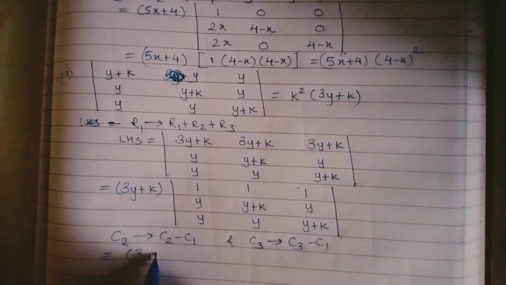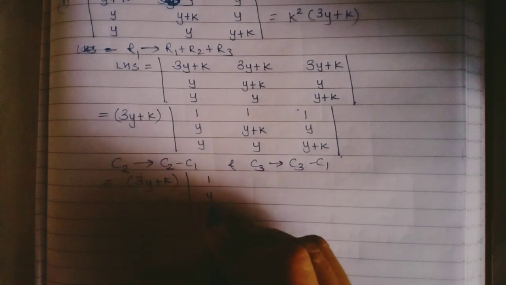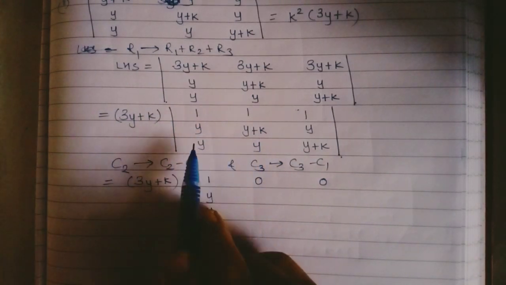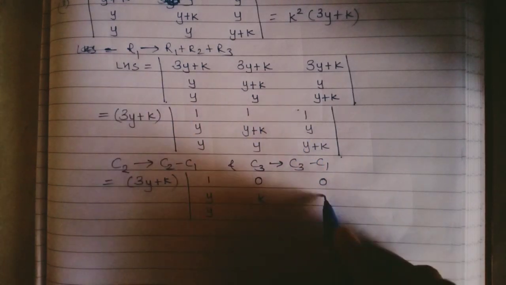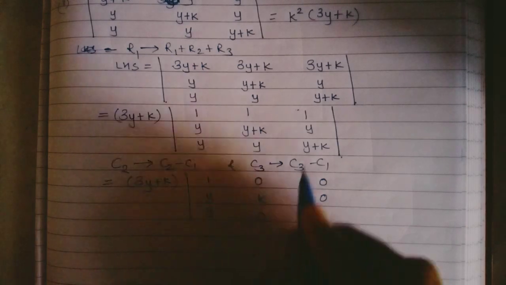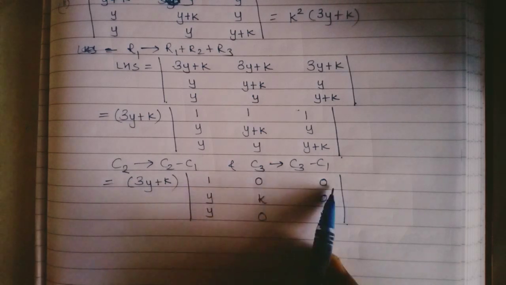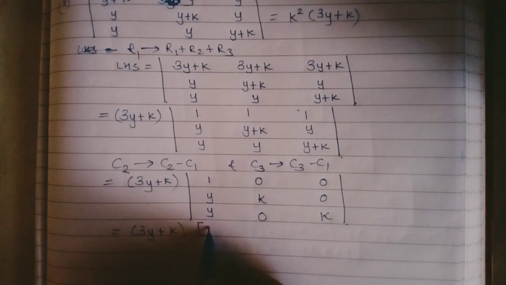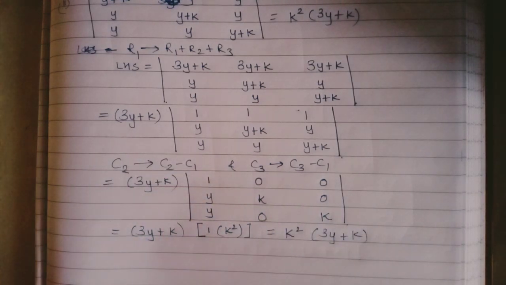So I'll get 3y plus k, so 1 minus 1 0, 1 minus 1 0, y plus k minus y, we will get k, then y minus y 0, y minus y 0, y plus k minus y is k. So expanding along R1, we'll get k square. So we got the answer k square 3y plus k. Okay.